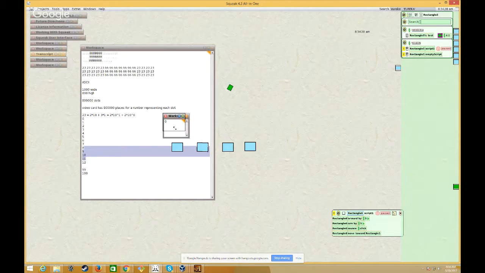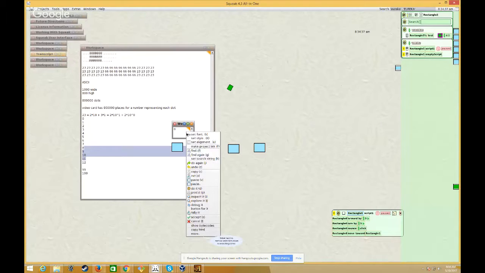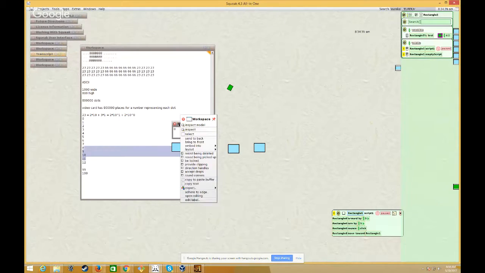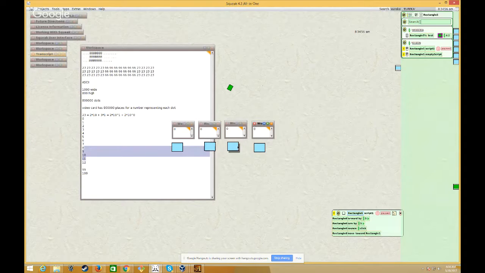So now this box points at 0, and we'll just make copies of that. Okay, so then our boxes point at 0.